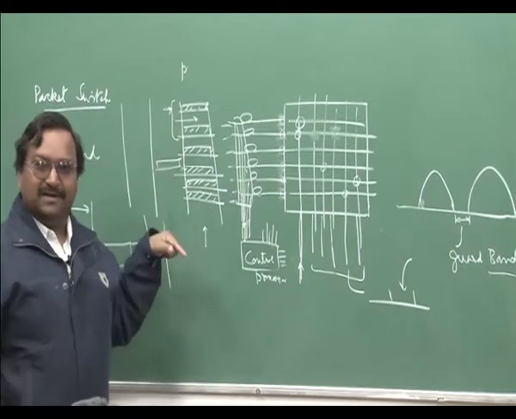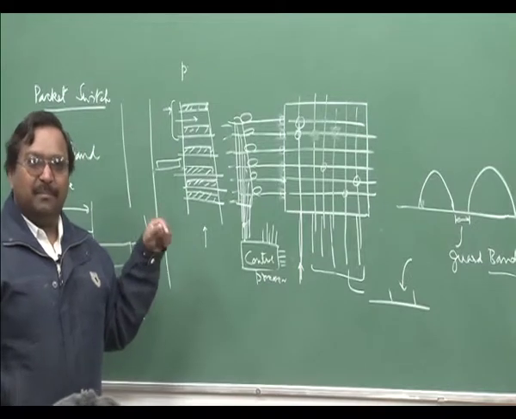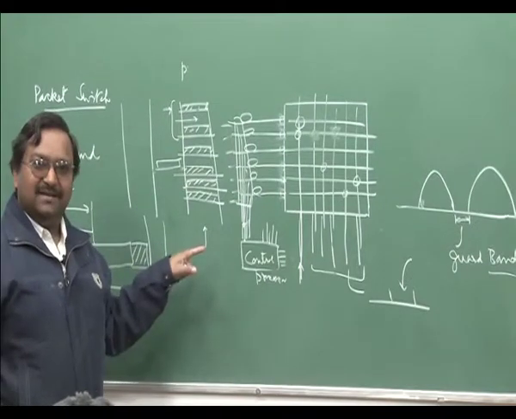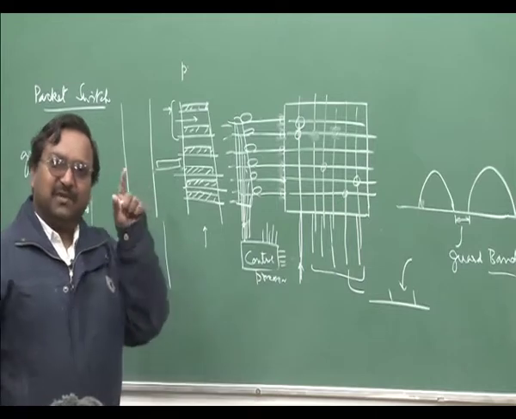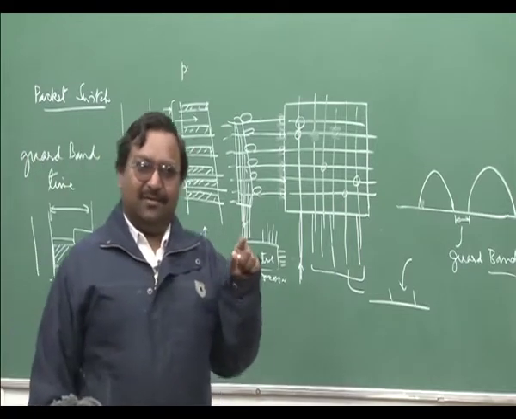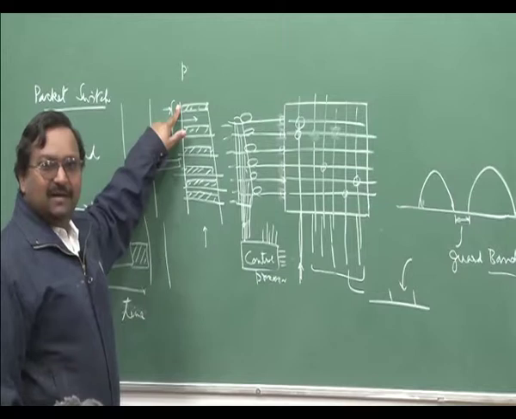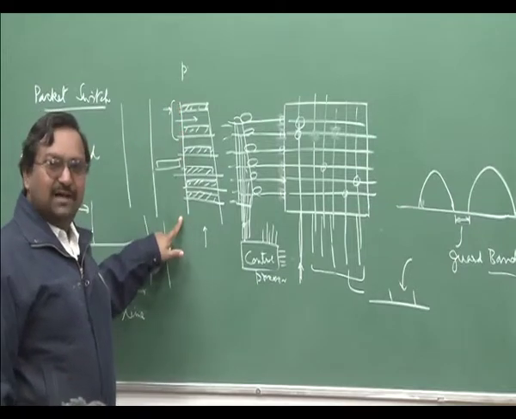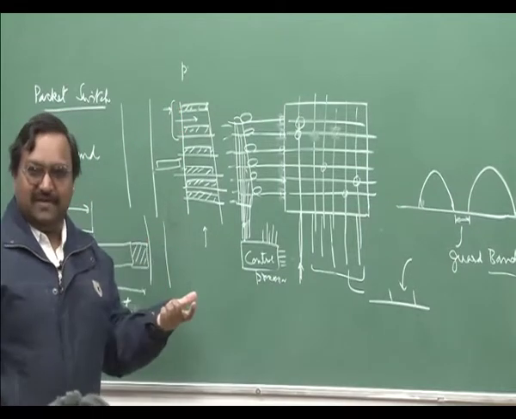Each line is independent. If you want all the lines to have a packet, that probability will be p raised to the power n. If only one line has a packet, that probability is p, and all other lines do not have one: (1 minus p) raised to the power n minus 1.